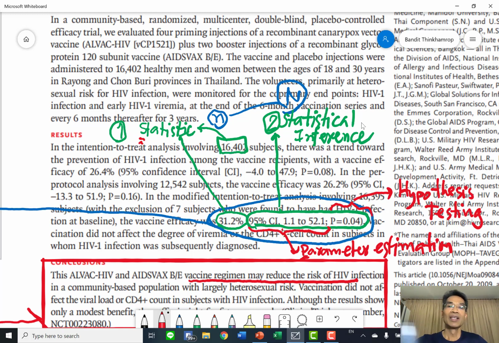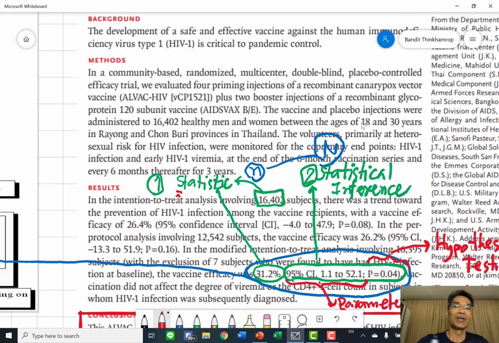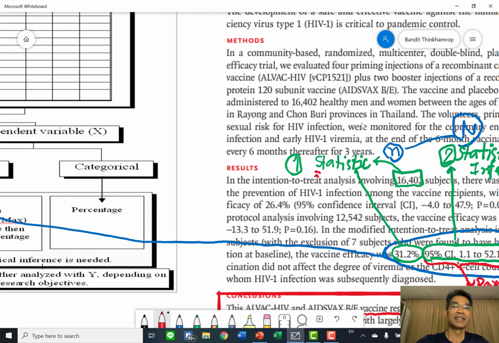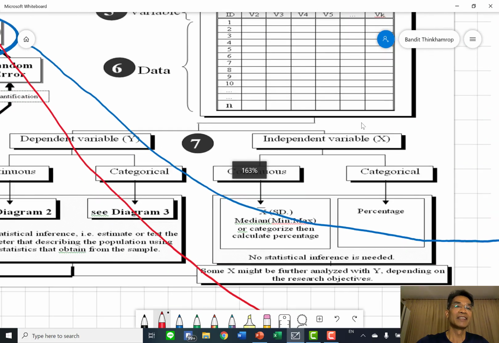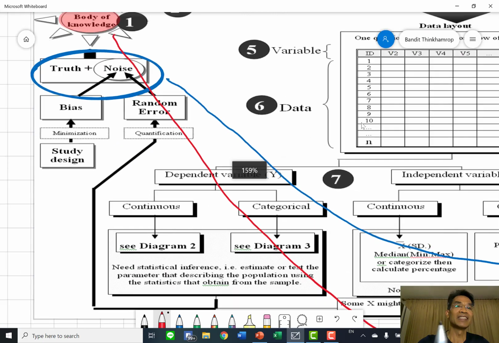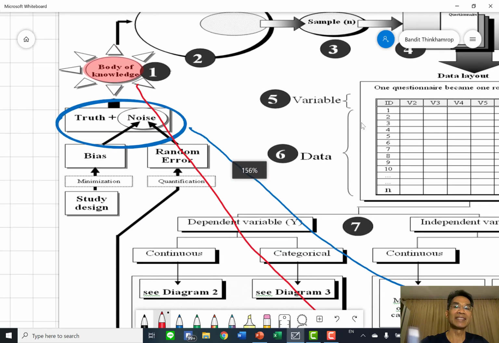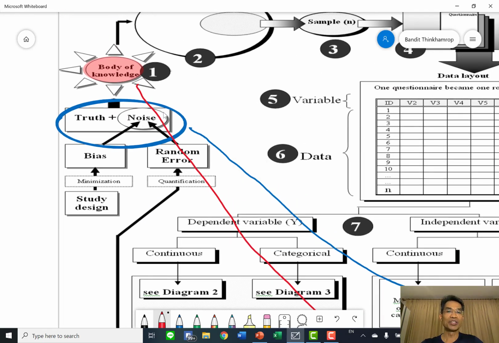Okay, so these are the evidence that we need to look at, to judge, to investigate if it is valid, because this will be used for the conclusion.